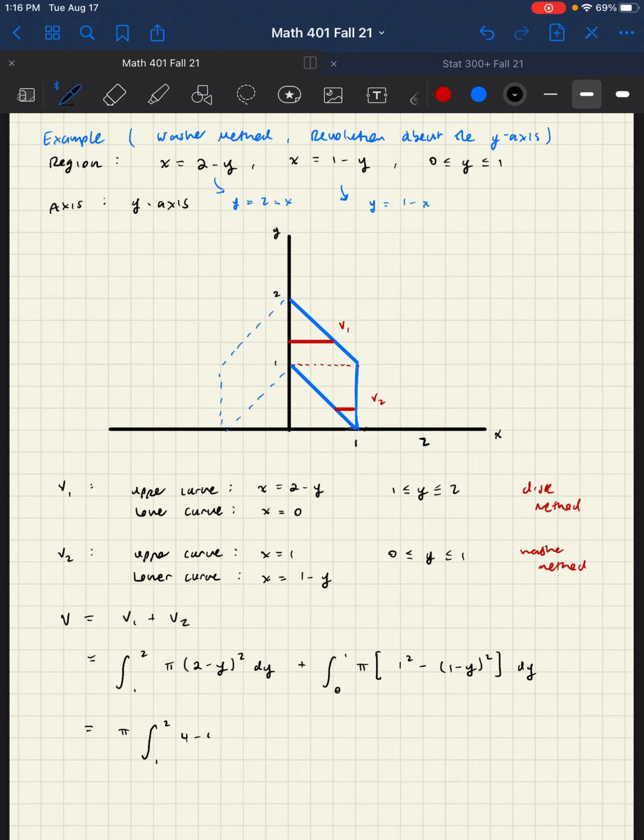So the integral from 1 to 2 of pi times (4 minus 4y plus y squared) dy, plus pi times the integral from 0 to 1 of 1 minus 1 plus 2y minus y squared.